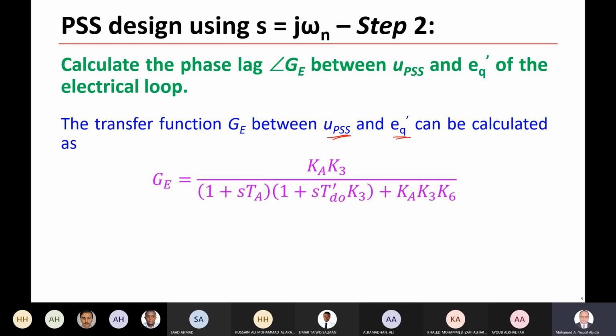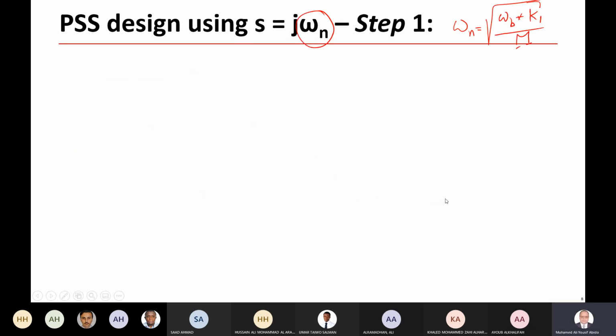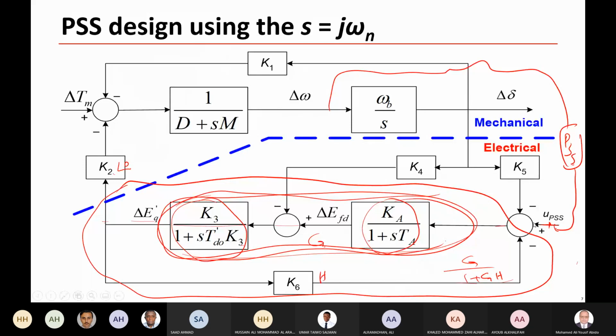Yes, Omar, you have a question? Yes, in this case, what happened to K4? We are not interested in K4. This is our input now. Now we need the transfer function between this input and the signal here.